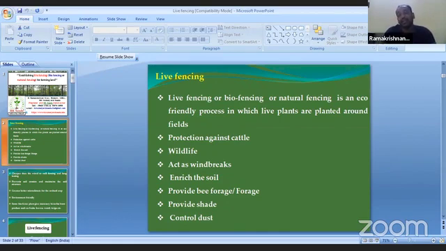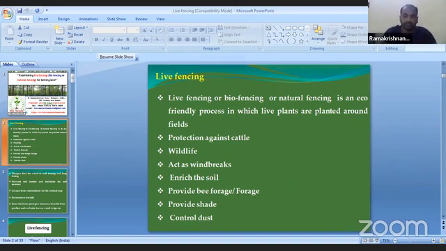Then our cattle go browsing on our live fencing, so we make it a forage, like Gliricidia, Subabul, or Sundal. So automatically the tree fodder acts as a forage, and it is also drought resistant.